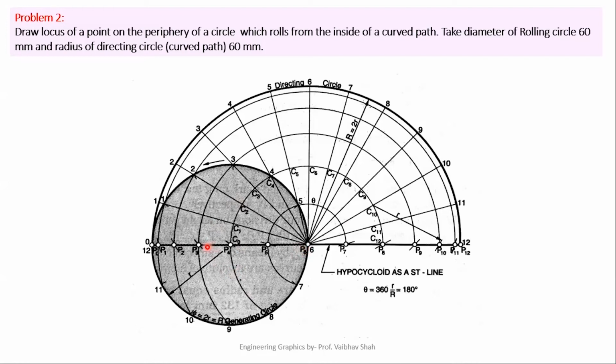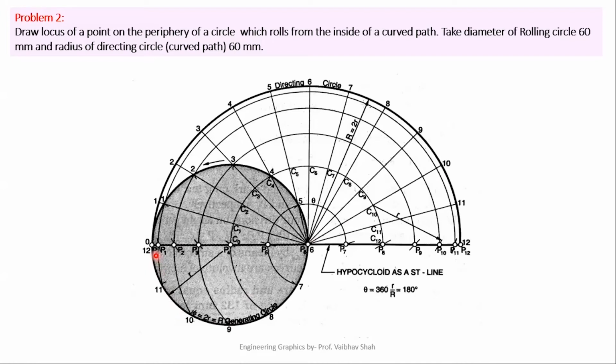Use your 30 degree, 60 degree set squares to divide this circle into 12 equal parts. After dividing, we'll number them in this fashion: 0, 1, 2, 3, 4, 5, 6, 7, 8, 9, 10, 11, and 12.